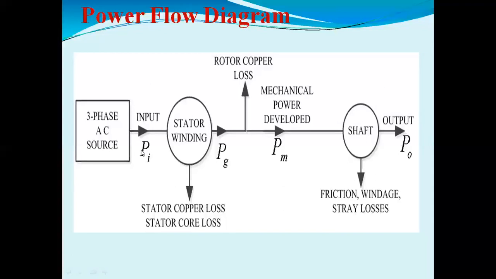From the input power, we subtract the stator copper loss and stator core loss to get the air gap power. From the air gap power, we subtract the rotor copper loss to get the mechanical power developed. From the mechanical power developed, we subtract the friction, windage, and stray loss in the shaft, and we get the output power. This is the basic power flow diagram of a three-phase induction motor.